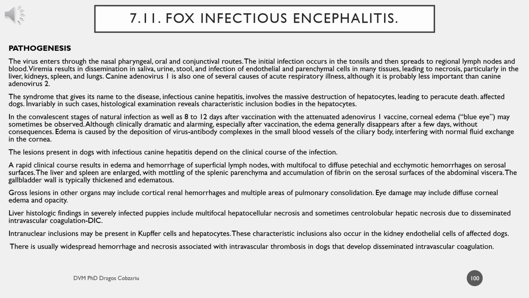Intranuclear inclusions may be present in Kupffer cells and hepatocytes. These characteristic inclusions also occur in the kidney endothelial cells of affected dogs. There is usually widespread hemorrhage and necrosis associated with intravascular thrombosis in dogs that develop disseminated intravascular coagulation.